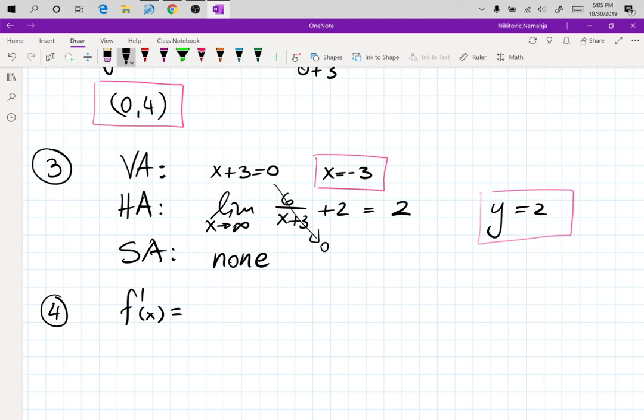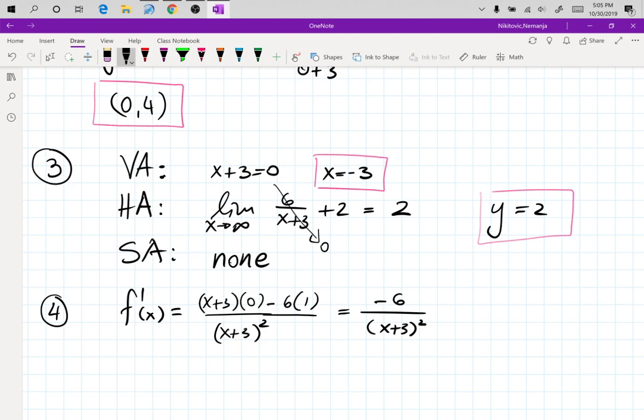Well, you can use quotient rule if you want to. It's going to be (x plus 3) squared in the denominator, and then you have your (x plus 3) times the derivative of 6, which is 0, minus 6 times 1. So this works out to be -6 divided by (x plus 3) squared.